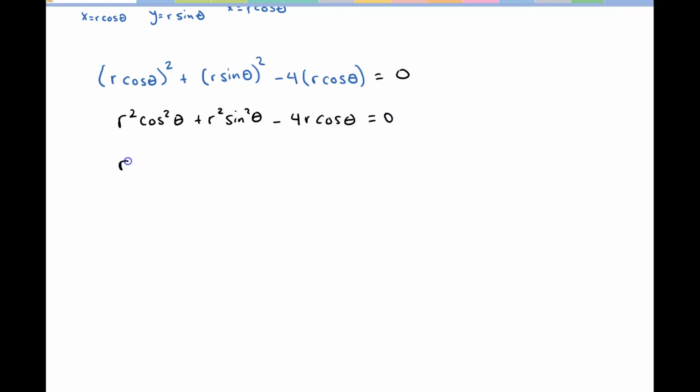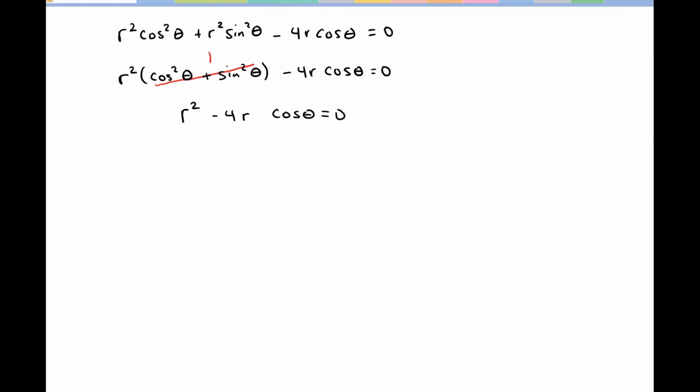I know I'm going to factor out the r squared. I'm starting to see Pythagorean identities here, and I saw it actually right away before I did any of this, but let's go ahead and see what happens. Okay, here we have it. We know that cosine squared plus sine squared is equal to 1. So I'm left with r squared minus 4r cosine theta equals 0.